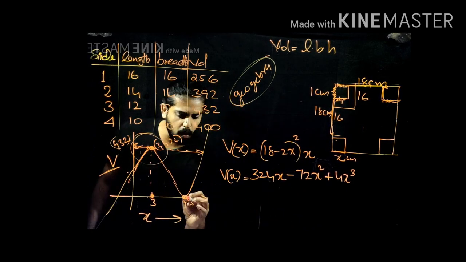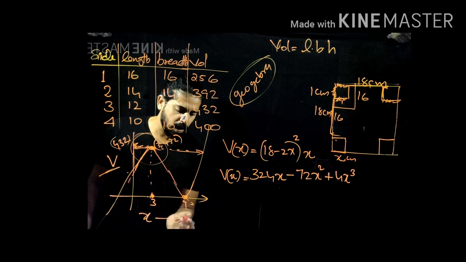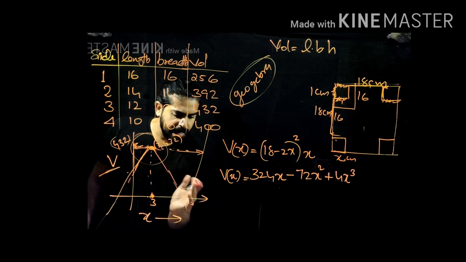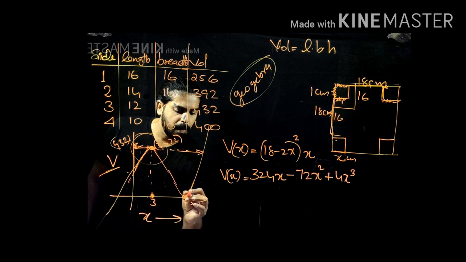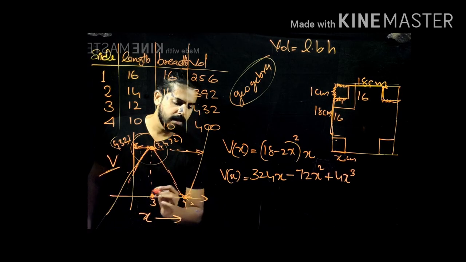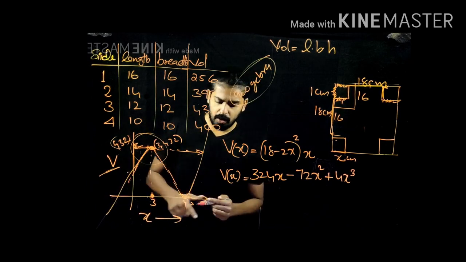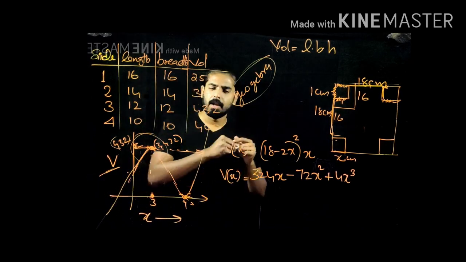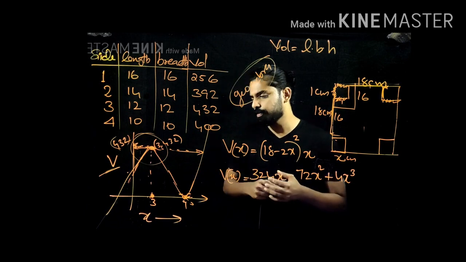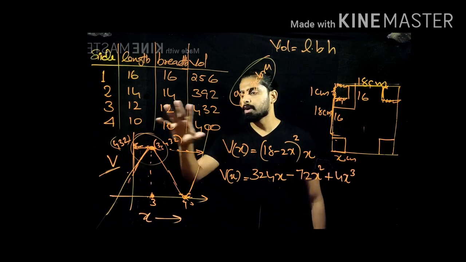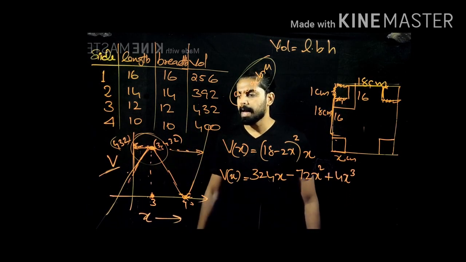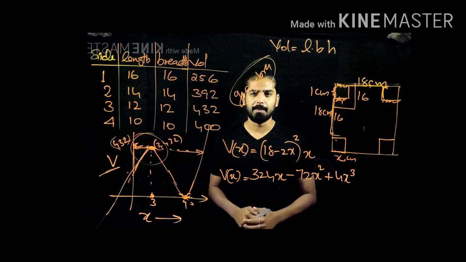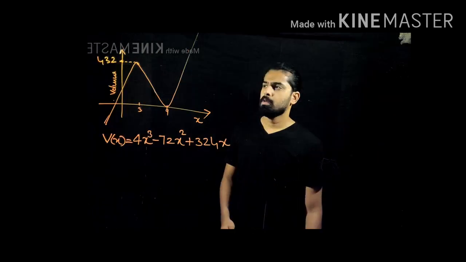But this point is locally the minimum value, because at the left and right of 9 the function value is above 0. At this point the volume is 0, so 9 is locally the point of minima. So how are we going to find this local maxima and local minima? Let's check out.